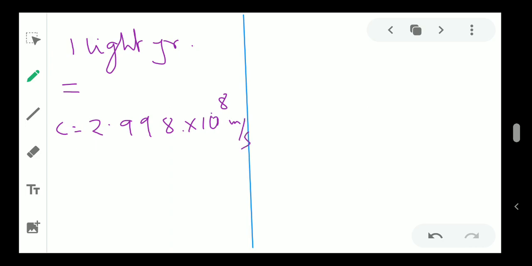So in 1 second light can go up to almost 3 into 10 to the power 8 meter, and that's huge. So in 1 second light goes that much. So in 1 year how much light will go, you can calculate, and that is extremely big. I'm just writing you the result.